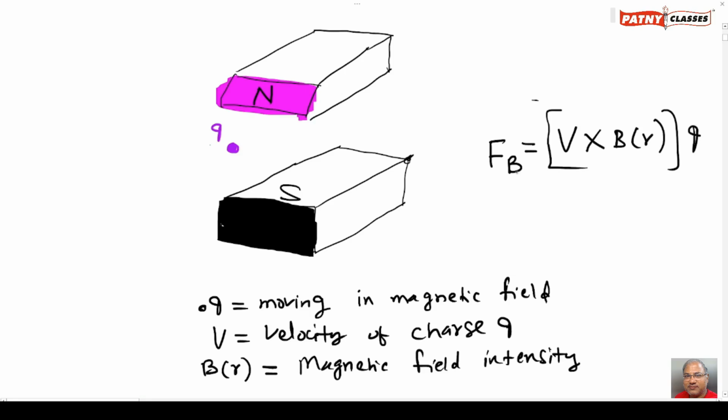So the force acting on the charge when it is moving in the magnetic field is given by V cross BR multiplied by charge Q. That means the force acting on the charge when it is moving through the magnetic field depends upon quantity of the charge, velocity of the charge, and the magnetic induction.